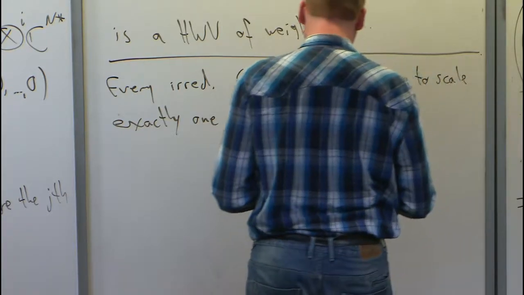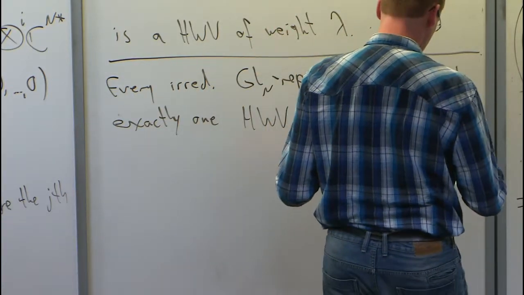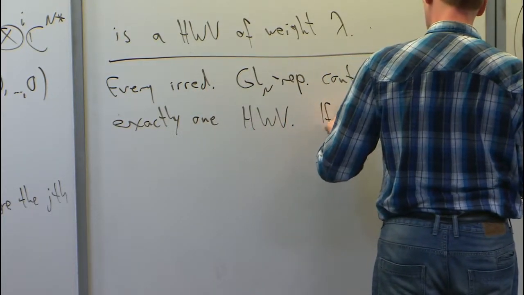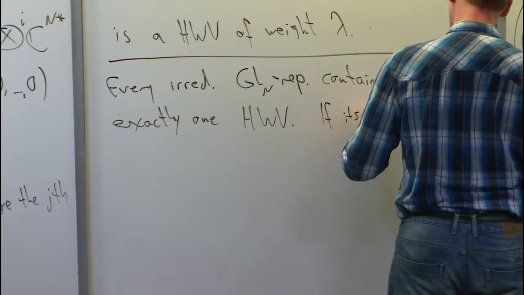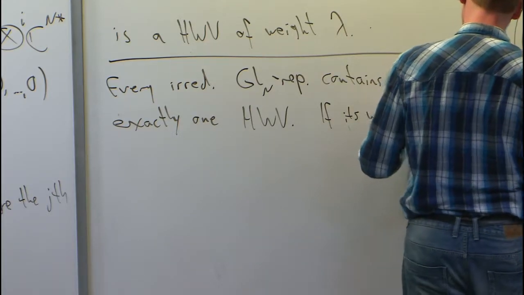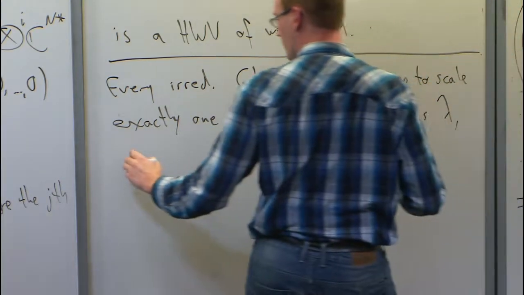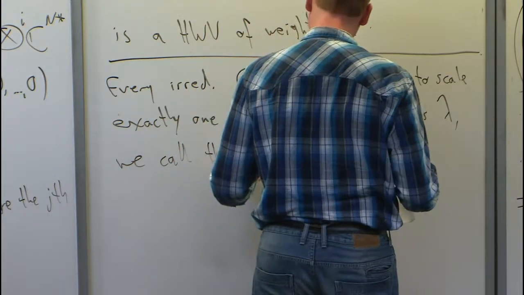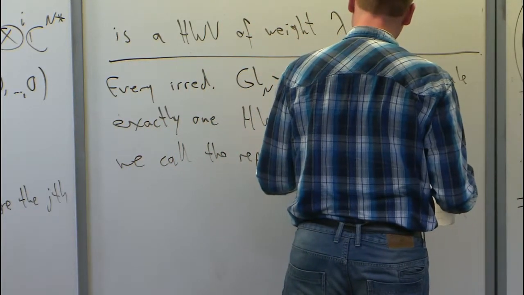Okay, and so if its weight is lambda, we call it the representation lambda in these curly brackets.